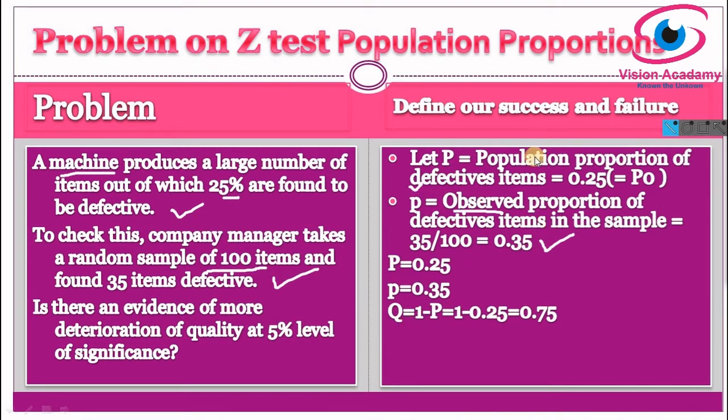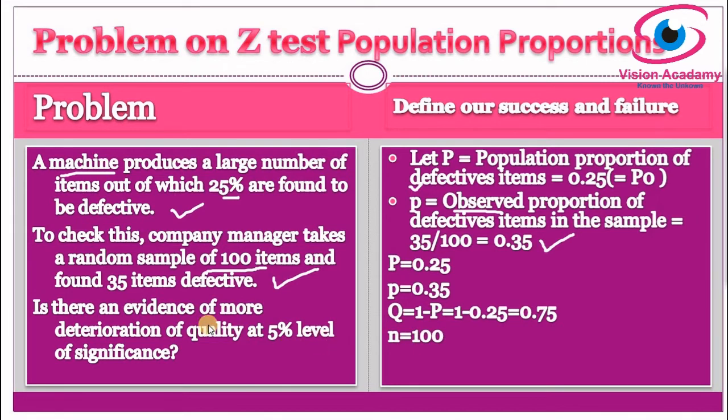So here defective is a success and non-defective is a failure. Defective can be taken as P and non-defective can be taken as Q. To get Q, you subtract P from 1, because we are dealing with probability. So 1 minus 0.25, because P is 0.25. Now your Q is 0.75.